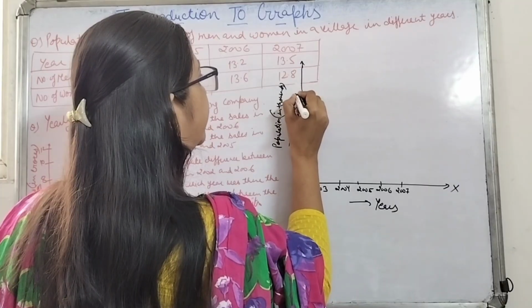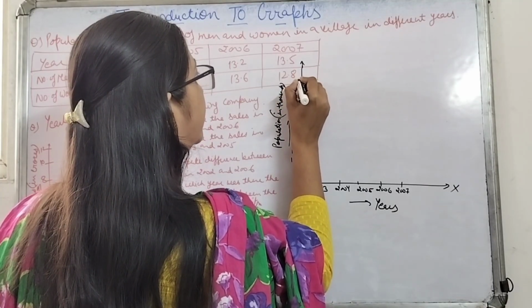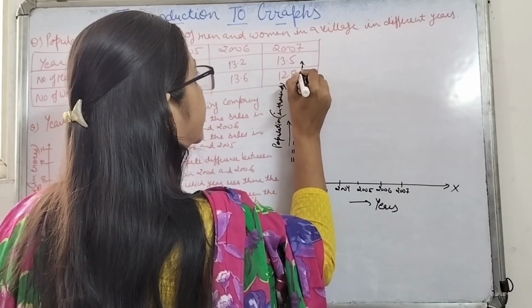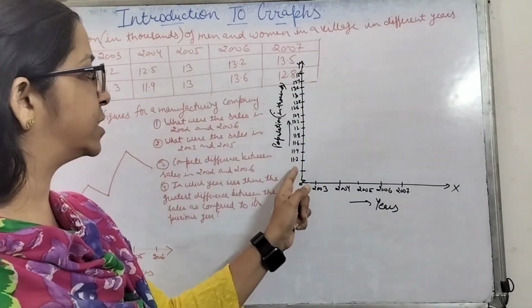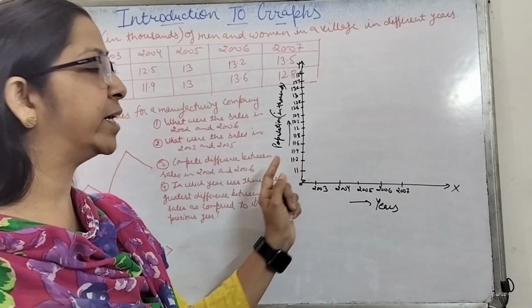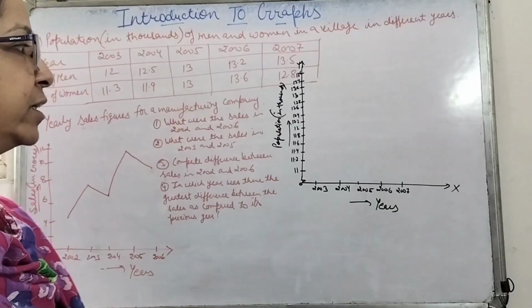Then it is your 13, 13.2, 13.4, 13.6. Like this, we have taken on the y-axis, the distance between two consecutive points as 0.2. That is in thousands, 0.2. That means of 200 we have taken the difference.